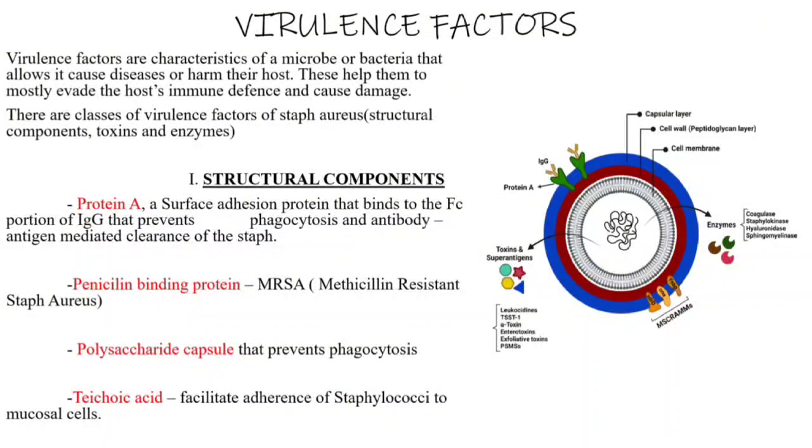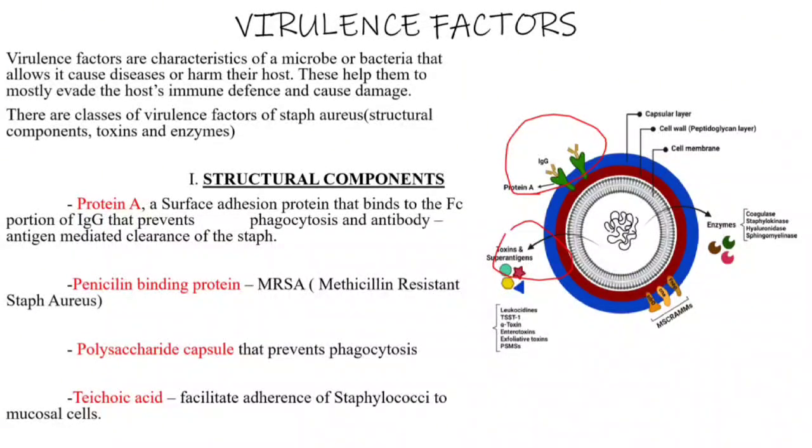So the virulence factors of Staph aureus can be divided into three main classes. We have the structural components, we have the toxins, and then we have the enzymes. So when we look here, we can see some of the virulence factors, the toxins, the structural components like protein A, and then the capsule.